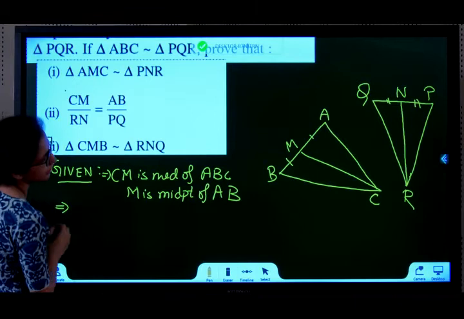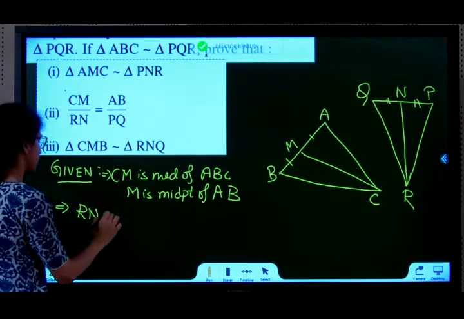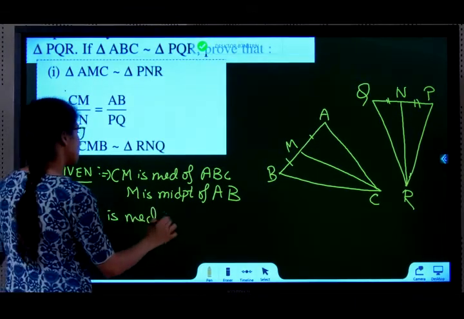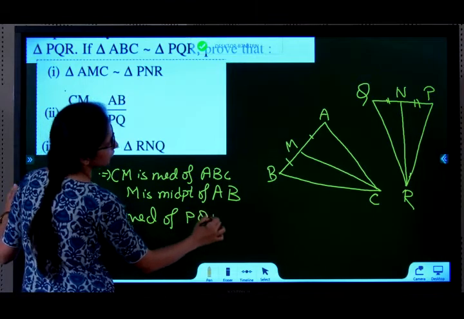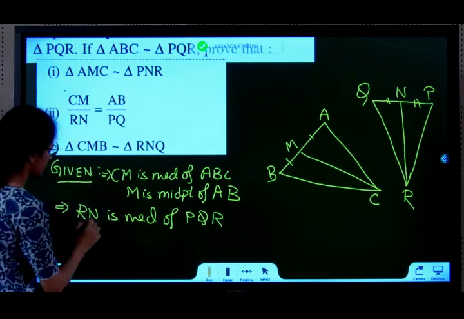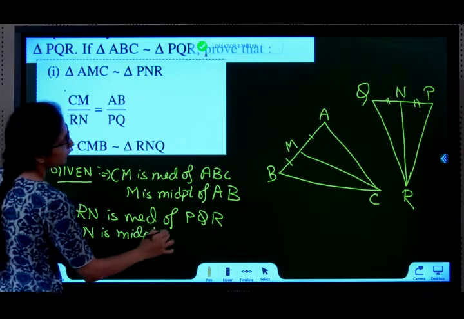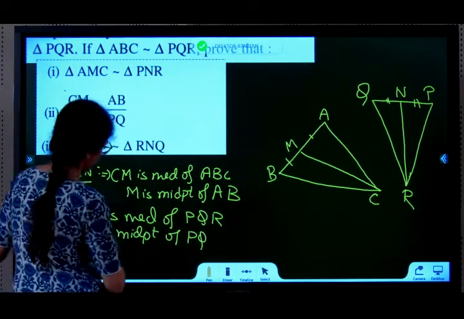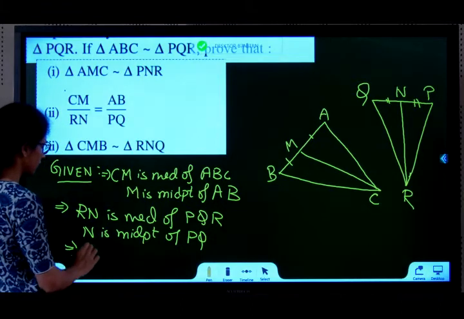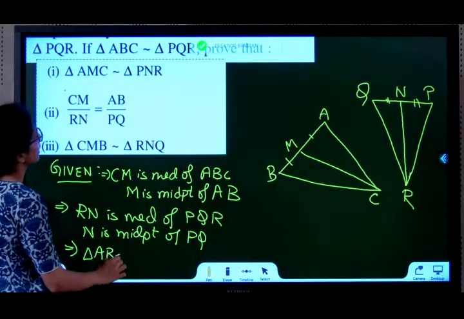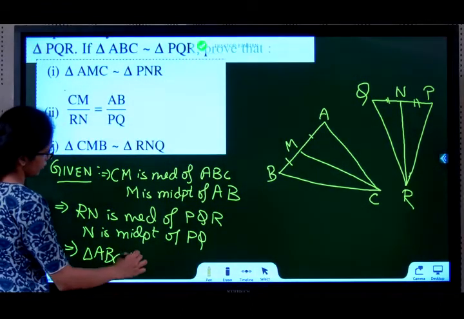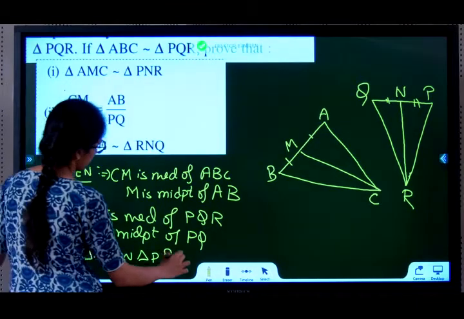Next, it is given that RN is median of PQR. Can I say N is midpoint of PQ? Yes, I can. It is also given that triangle ABC is similar to triangle PQR.